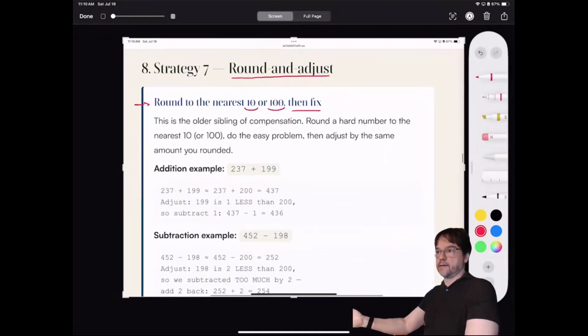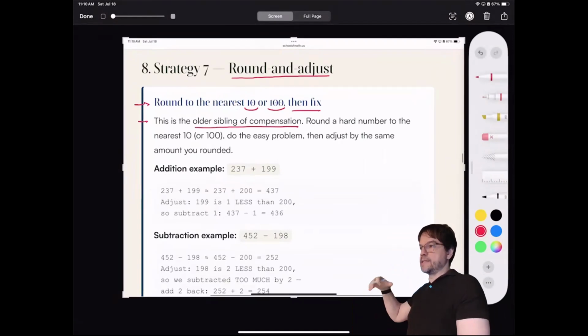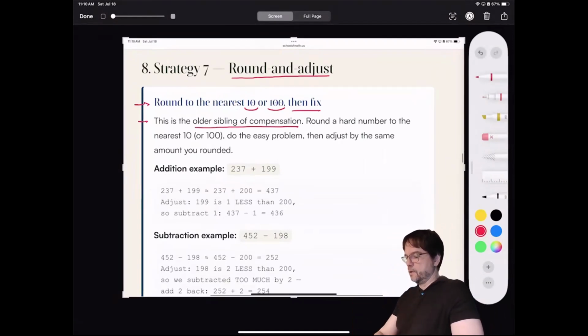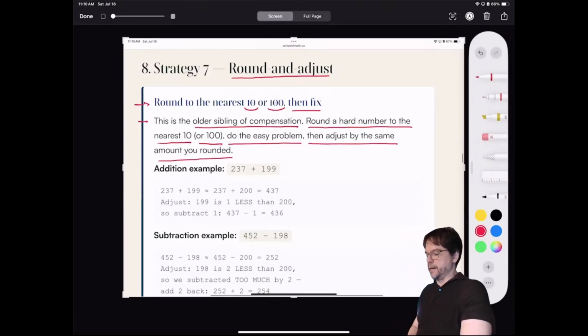We've been doing this already. This is the older sibling of compensation that we saw previously. Round a hard number to the nearest 10 or 100, do the easy problem, then adjust by the same amount you rounded.